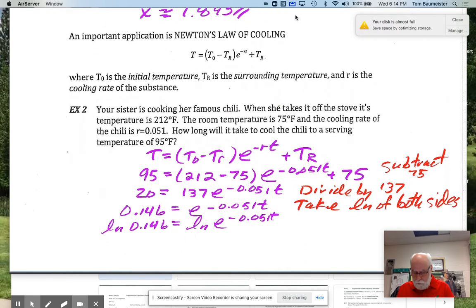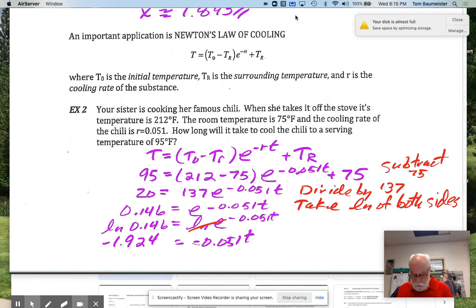So by the same token here, we can say that the e's cancel each other, so to speak. And I can bring that down, so I have negative 0.051 t on this side. And on this side, if I take the natural log of 0.146, I'll get negative 1.924.